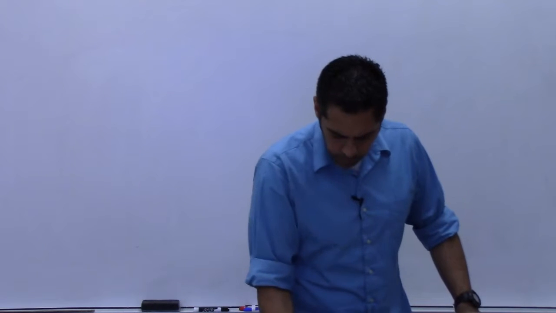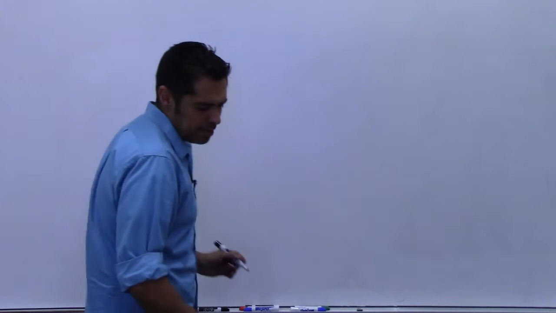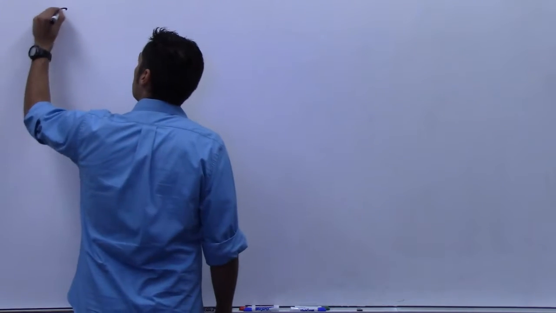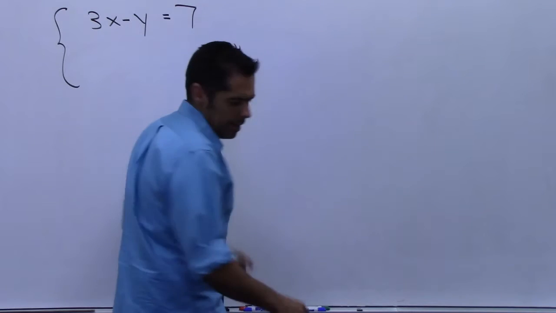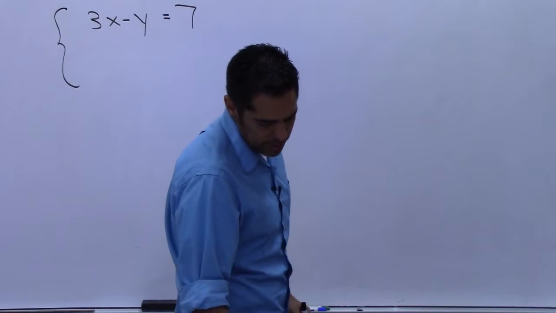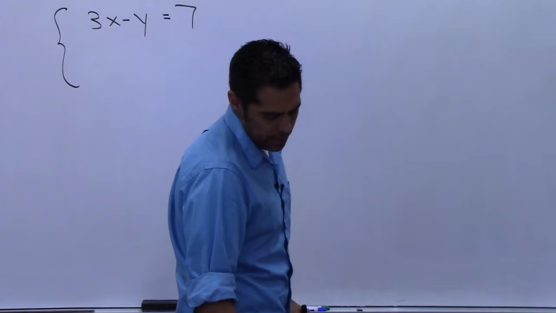So let's look at a problem. Let's go with 3x minus y equals 7, and the other one, 9x minus 3y equals 21.